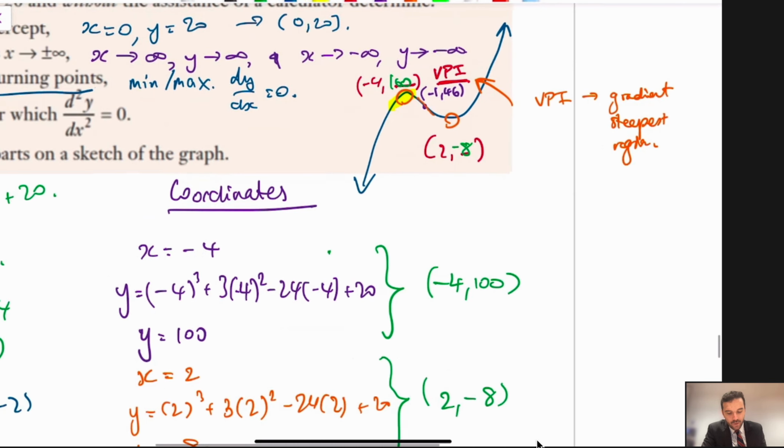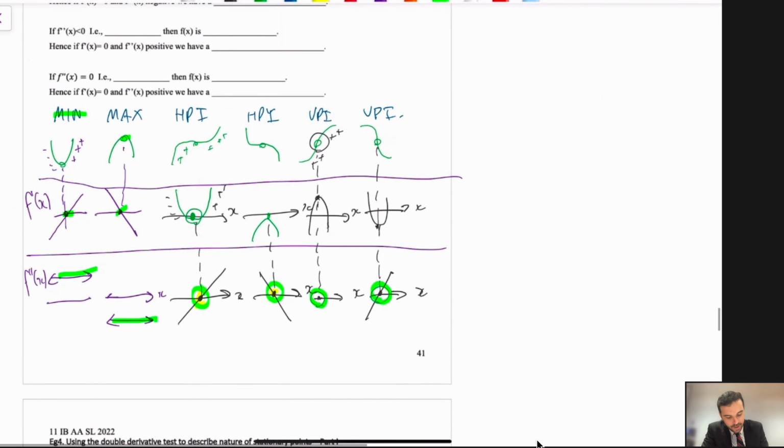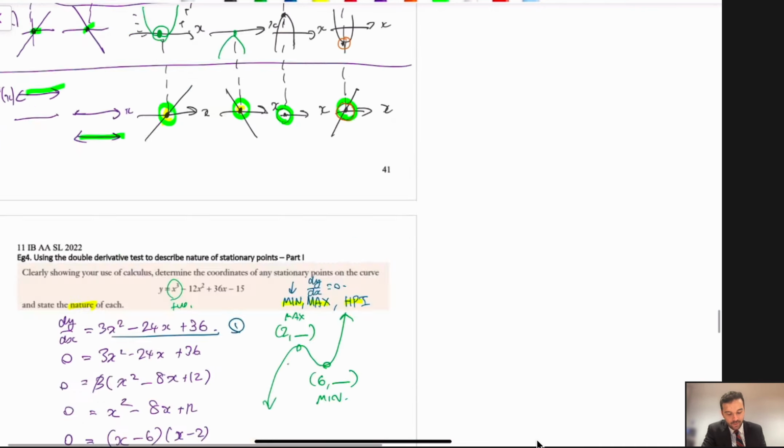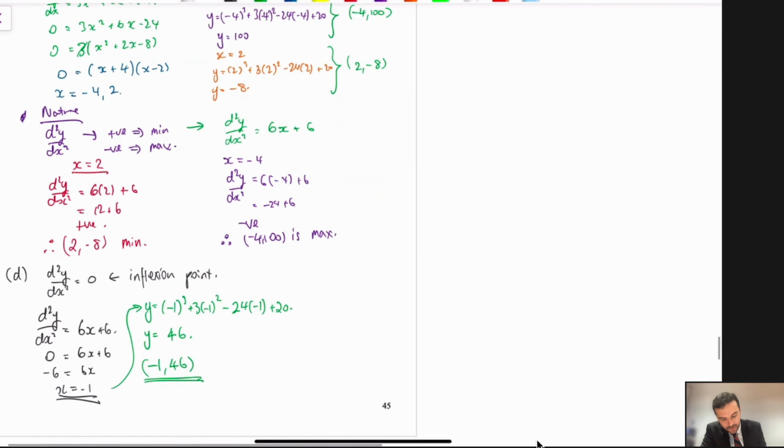Now, what do we know about VPIs? Let's go back to our chart here. Now, it looks like it's this kind of VPI. So it's saying that the gradient at this point is going to be the steepest negative, right? And we can see that the double diff is going to be 0. So we could confirm that if we wish. Okay, so looks like we found it's a vertical point of inflection, a VPI.